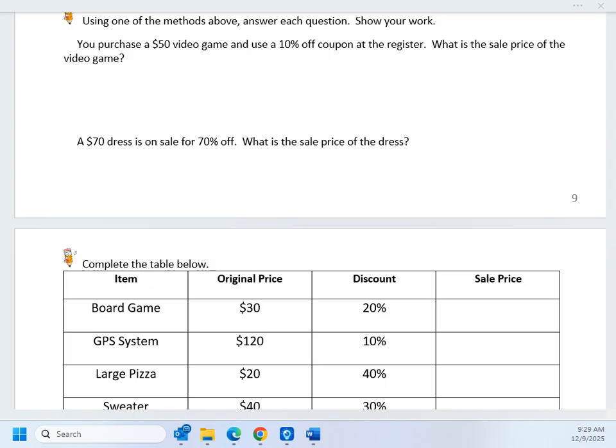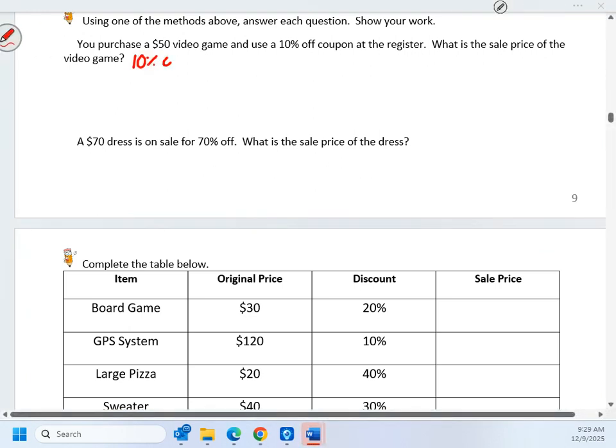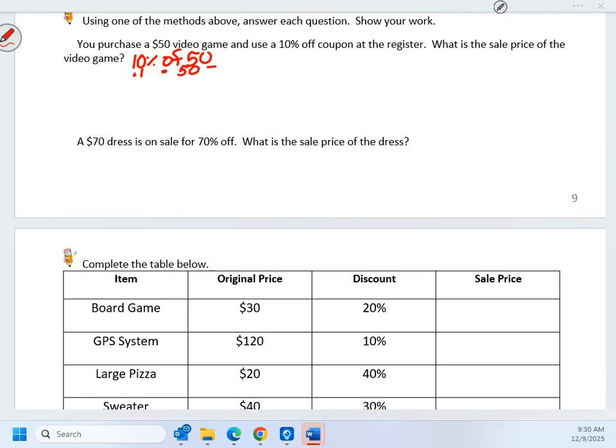If I'm doing my first method, how would I set this up? Joy? 10% of $50. 10% of 50. So 0.1 times 50 equals what? So we need our calculators. What's 0.1 times 50? Haley? 5.